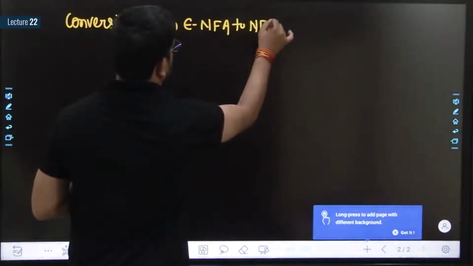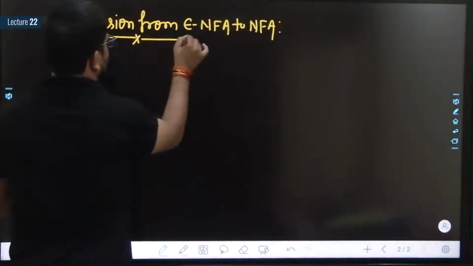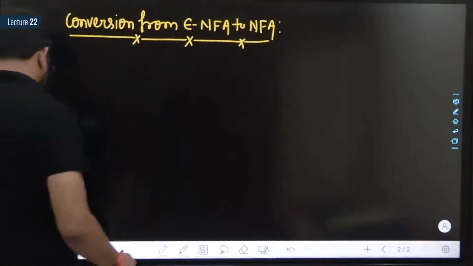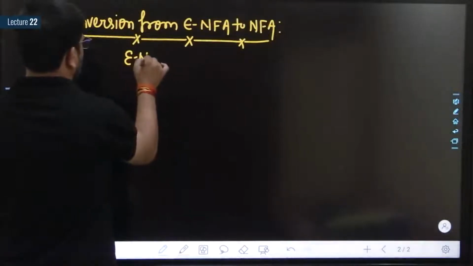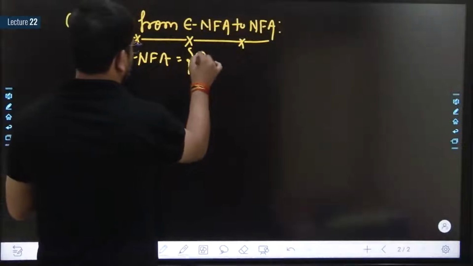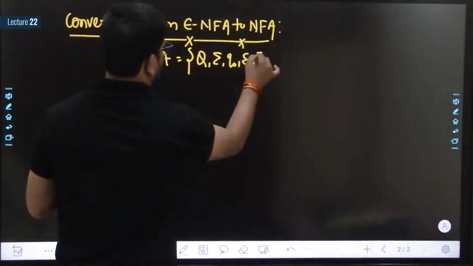How to convert Epsilon-NFA to NFA? Please see the theory. After that, we will discuss with the example. Epsilon-NFA: Q, sigma, Q naught, delta, F.